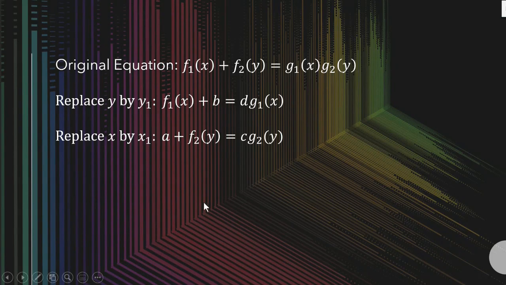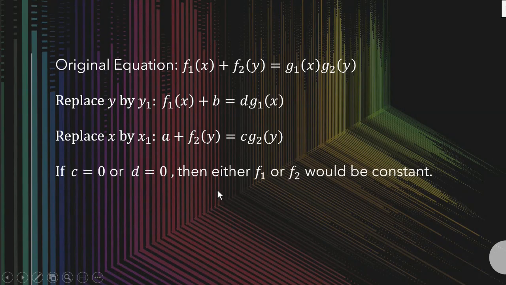And then we have these two equations. And now here we can divide our proof into two cases. The first case is when either d or c is equal to 0. Whenever c or d is equal to 0, then you can see from the last two equations here that either f1 or f2 would be constant.